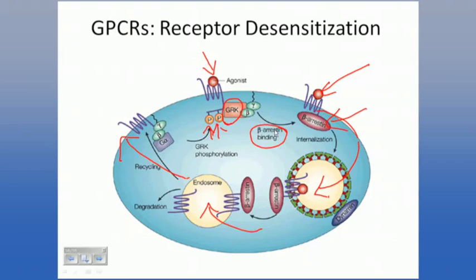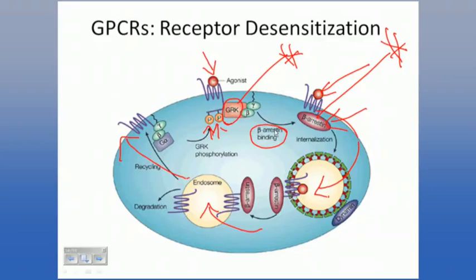Now, this is a nice pictorial display. It looks all neat and tidy with all the ends sorted and everything makes sense. The reality is this is our current appreciation of the steps involved in receptor desensitization. And the reason for its importance is because this GRK represents a target for drug therapy. This beta-arrestin represents a target for therapy.